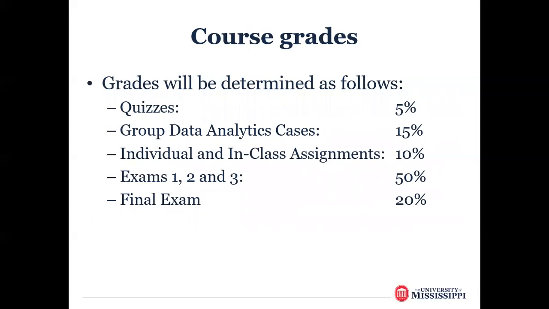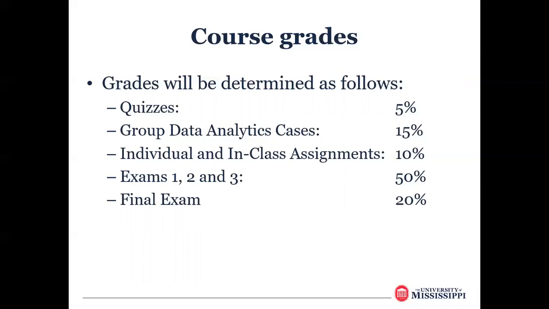Okay, the course grades will be based on the percentages presented here. So the quizzes, which are replacing class participation and professionalism, will be 5% of your course grade. The group data analytics cases will be 15%. So I expect to have 3 of those cases, and so each one will be worth 5% of the course grade.